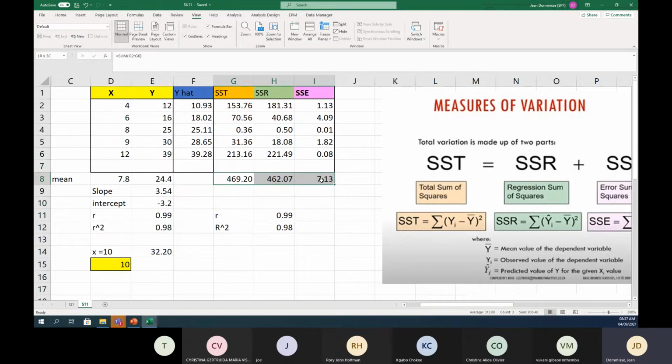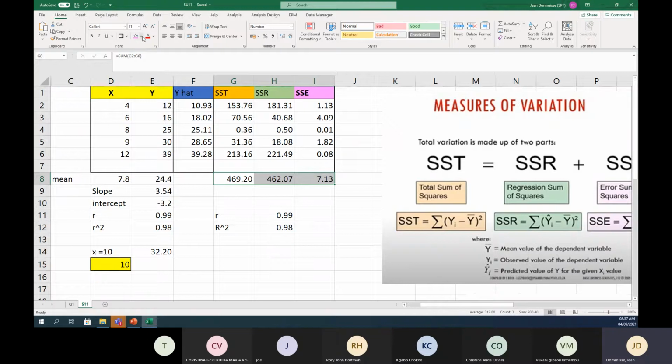So it's only at that last level where you do the sums that those two are equal to the SST. Nowhere during the process is that true.